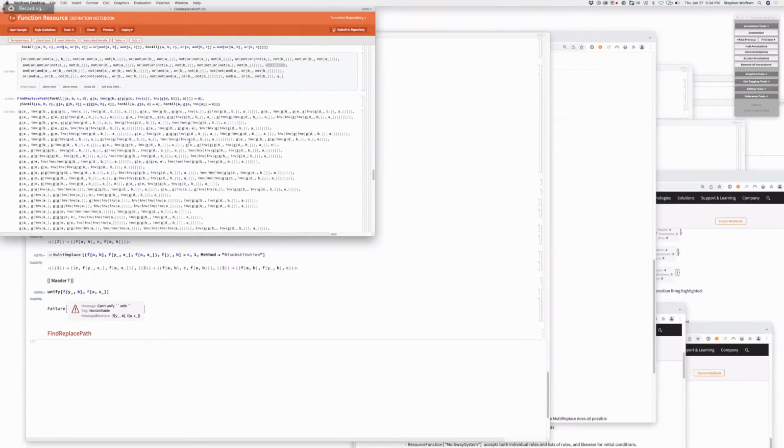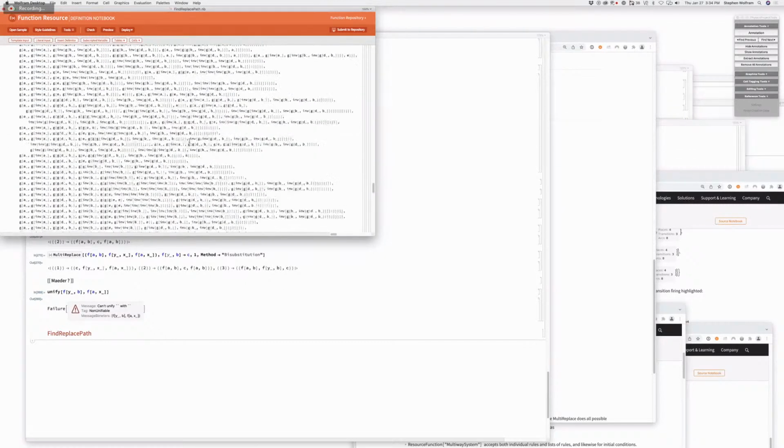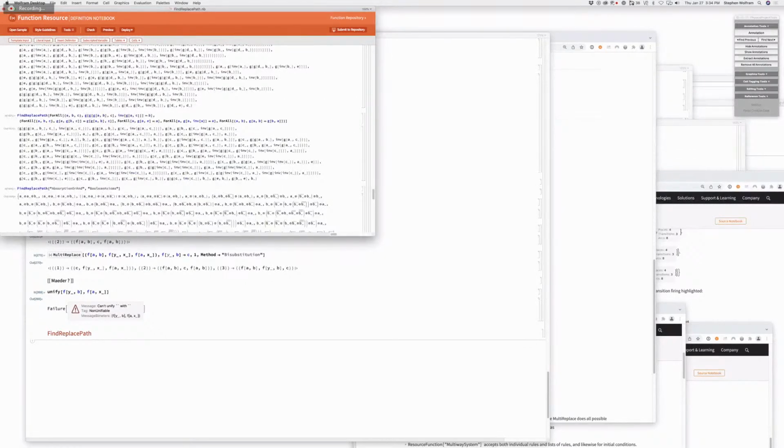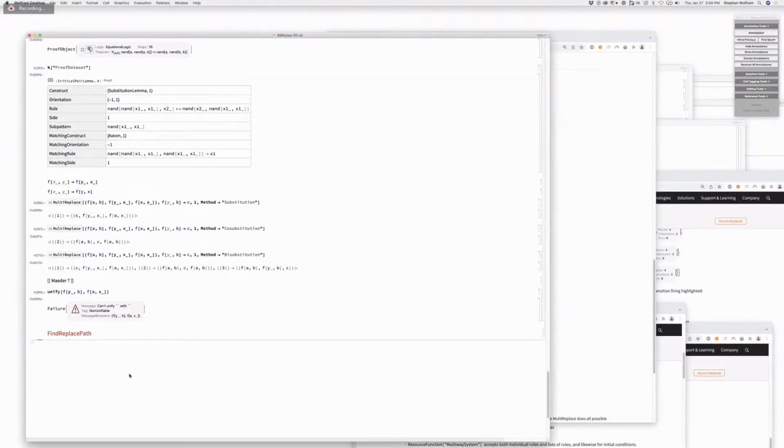But the find replace path that I had in mind was something where, the version that I had at one point had different things it could return. It could return the pure path, but does it return just the path, or also how the steps were taken in the path?